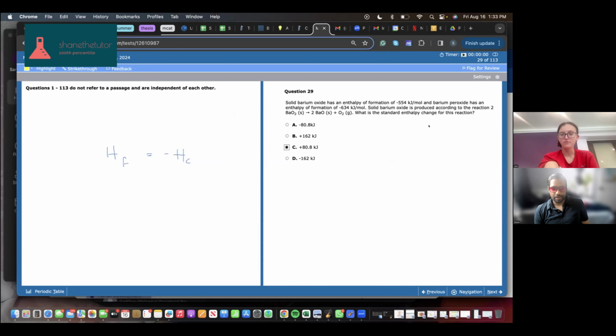It says enthalpy of formation. So it's products minus reactants. Whichever one you use will still give you the same magnitude, just a difference in sign.